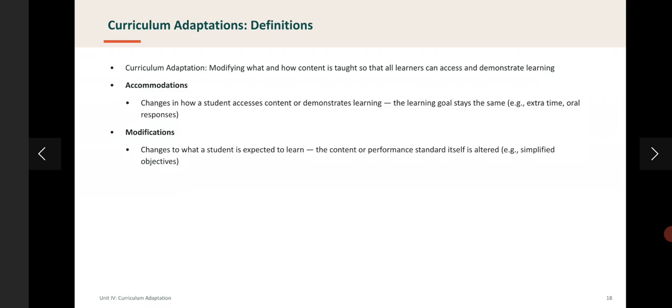When it comes to accommodation and modification, accommodations are changes in how a student accesses content and demonstrates learning, like extra time, all these things. Modifications are simplified objectives, where what students are expected to learn, the content or performance standard itself, is altered. That's what accommodations and modification mean. Getting adapted.